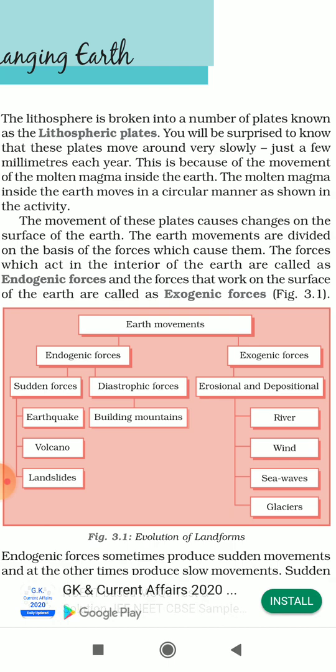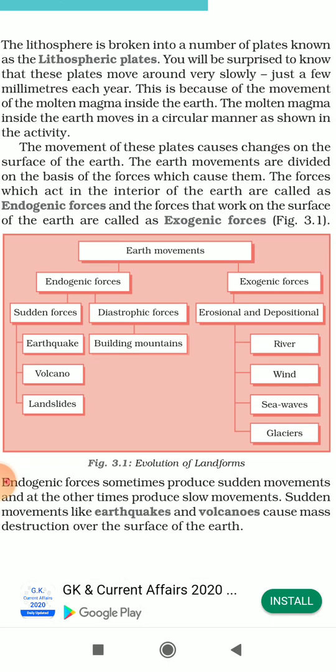The molten magma inside the earth moves in a circular manner, due to which the earth changes constantly on the surface as well as from the inside.